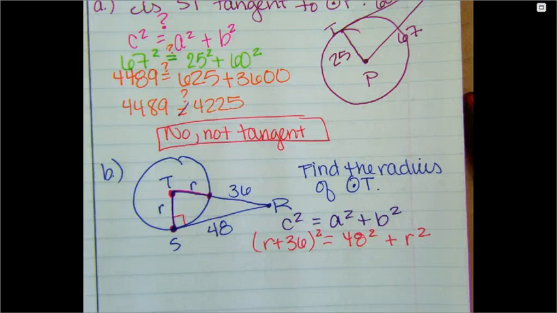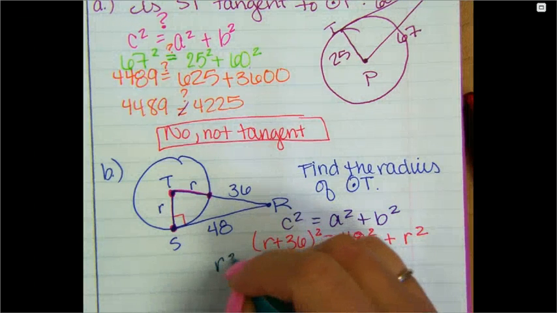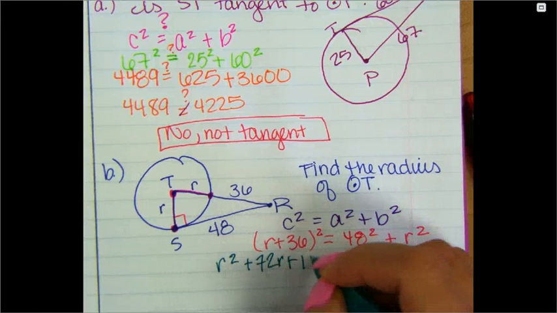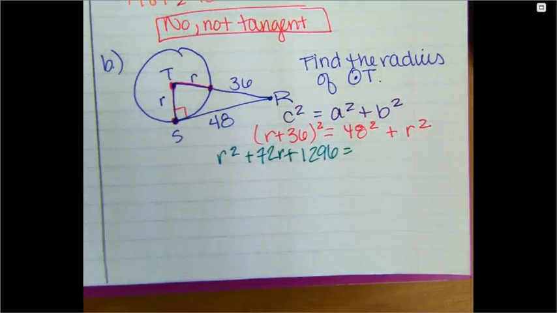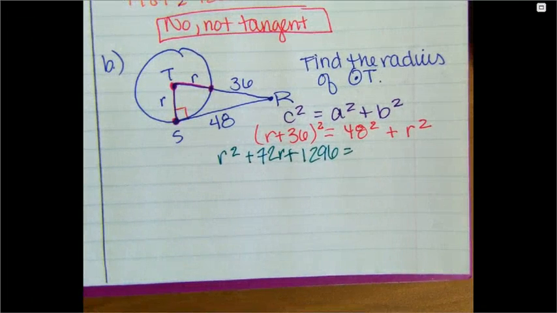Guys, I think you need a review on this. Good thing it's in your homework tonight. Now what do I put together? Like terms. So I get r squared plus 72r plus 1,296. You should have that on your paper. I did all the rest of it on the board.